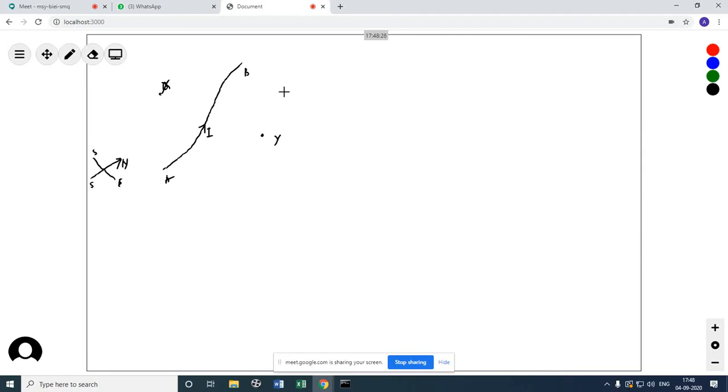Now, how do you find it for X and how do you find it for Y? Here is the length element, dl, and this is the r vector. The right hand rule says that you align your right hand with one vector and then fold it toward the next vector.